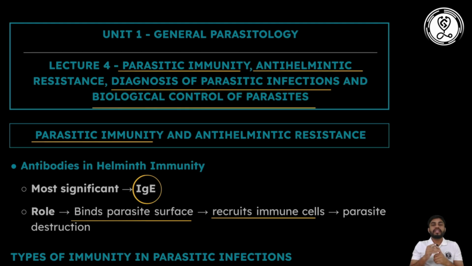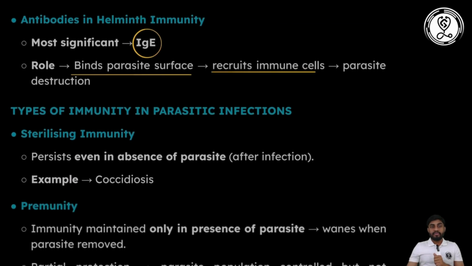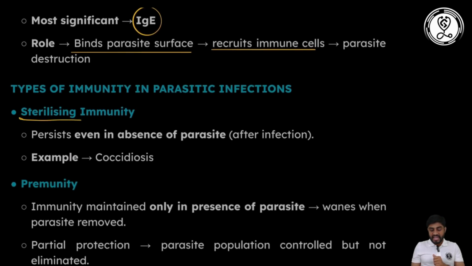Besides this immunity, there are other specialized immunities maintained in parasitic infections. What are those different types of immunities? The first one is sterilizing immunity. Sterilizing immunity is a specialized type of immunity that persists even in the absence of the parasite.